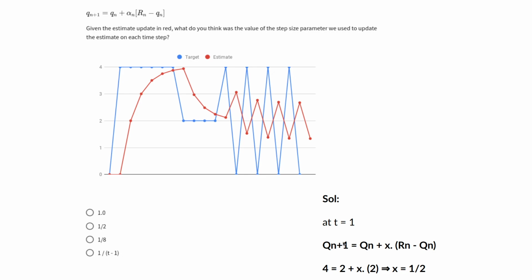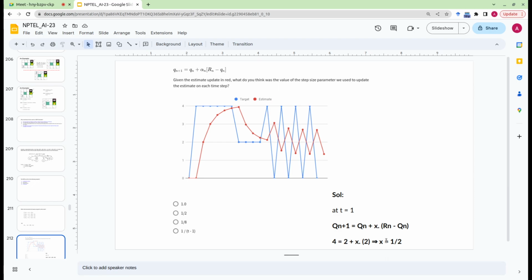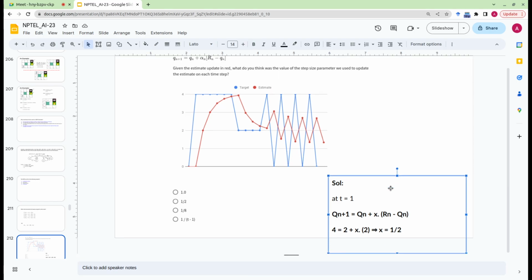Our y is here 0, and the estimate, this point we are talking about, is 2, and the estimate was 4, fine. What is x into Rn minus Qn? Four minus two. No, I'm probably making some mistake.